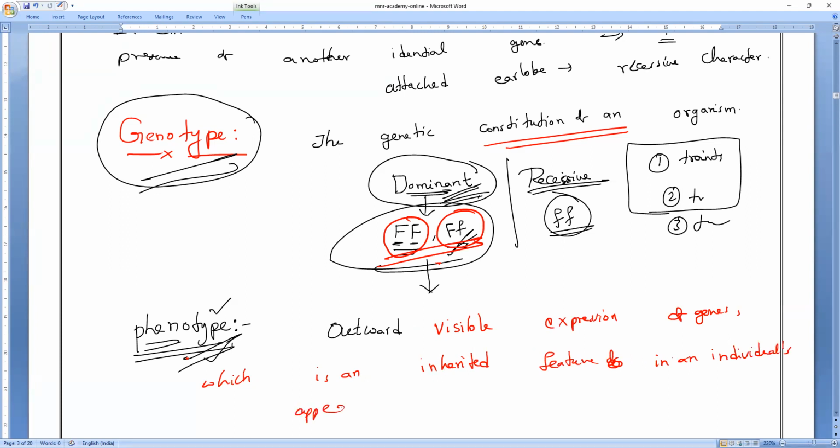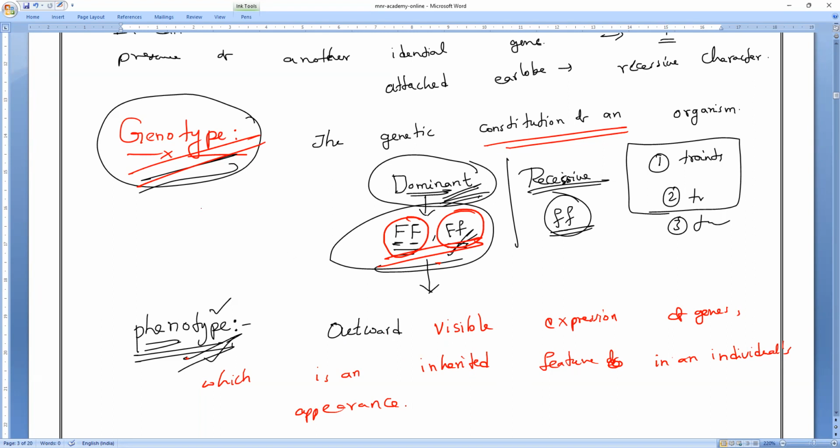So what is responsible for your appearance? The genotype, which is responsible for your appearance. What do we call it, everybody? It is called genotype.